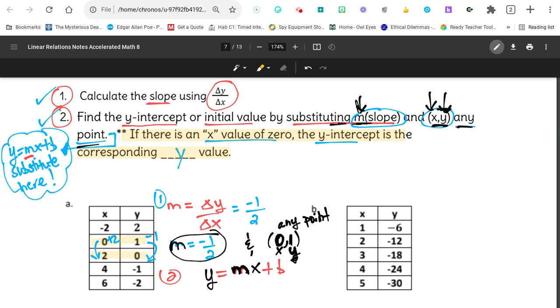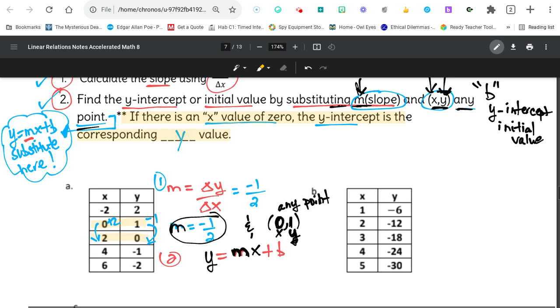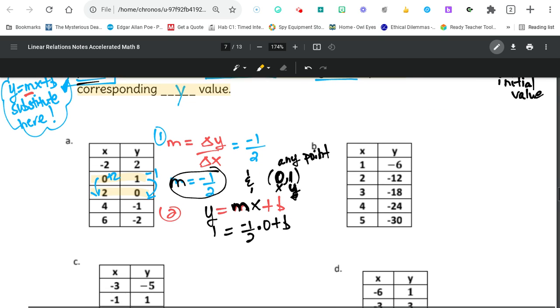And you're going to leave b in because b represents your y-intercept, or what we call the initial value. All right, so we're going to solve for b. So take out: y is 1, m was -1/2, x was 0, plus b. Solve for b.